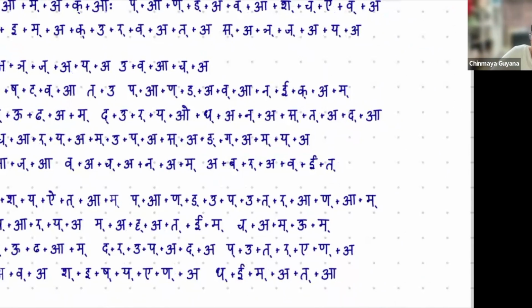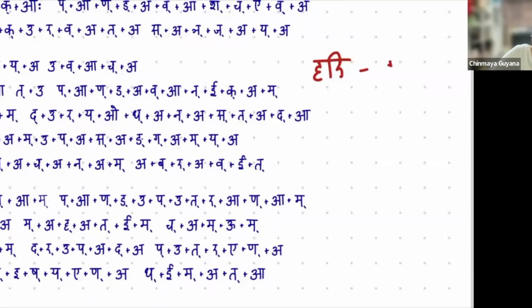When you see a word like Hari, right? It is not hahalant plus a plus ra plus i. That means this loop on top is not in its own ra, and this line here is not, the i doesn't come before the ra. You're writing out the sounds as they're supposed to be pronounced in order.